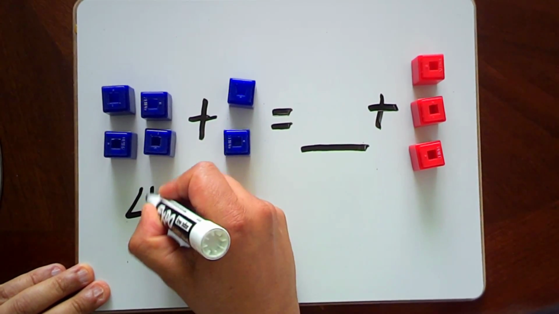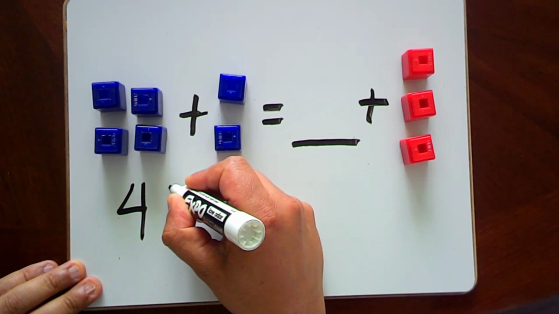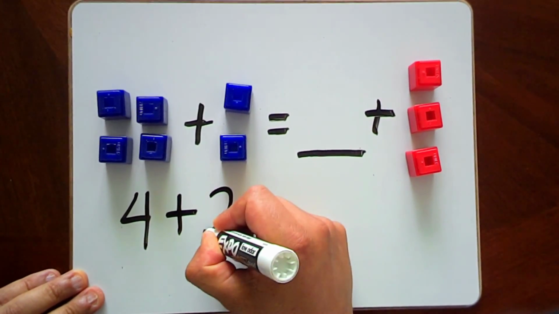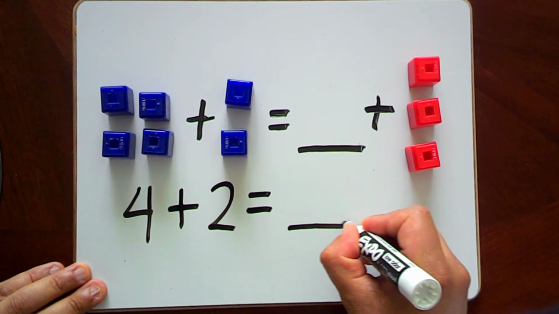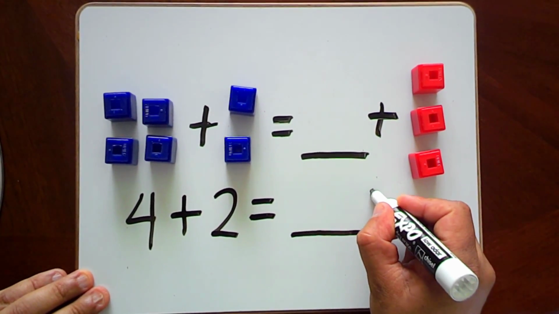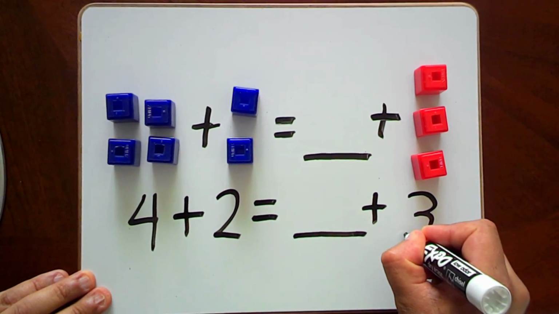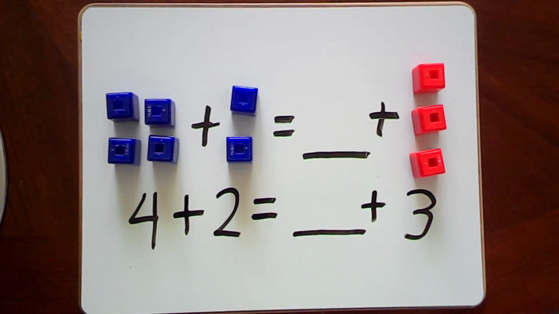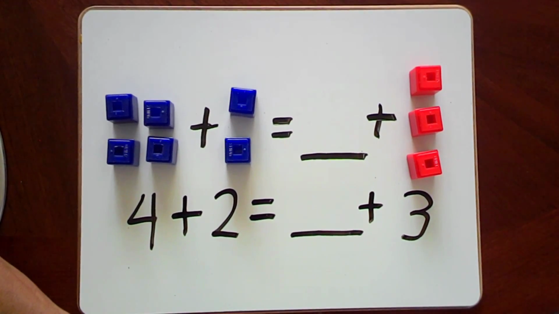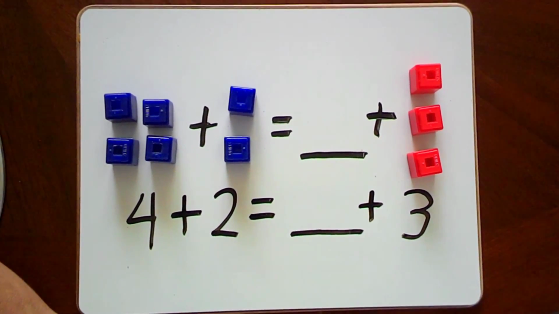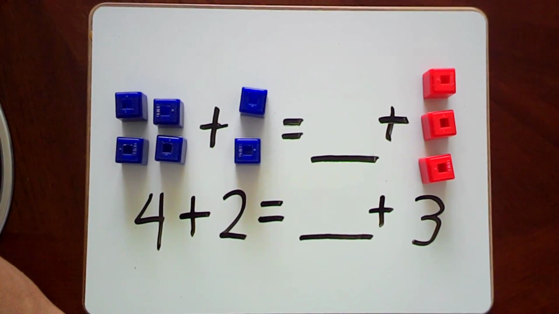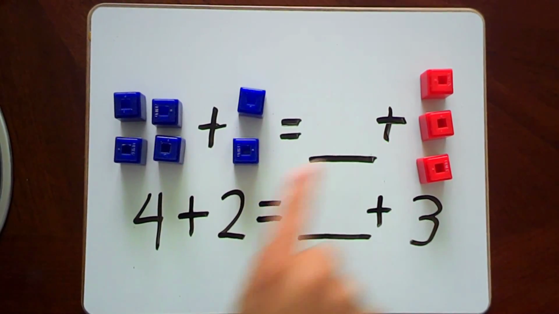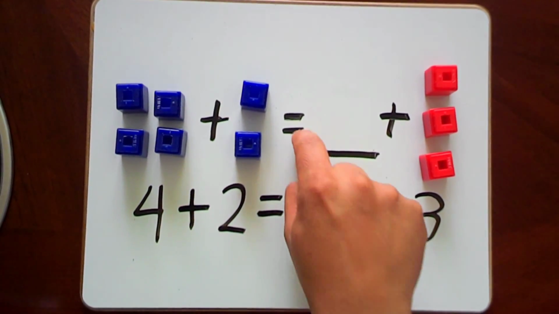So I have 4 cubes plus 2 cubes, and that is equal to something, so a quantity plus 3. Even though I represented my equation in two different ways, one with real objects and one with numerals, both of them have addition signs and equal signs.